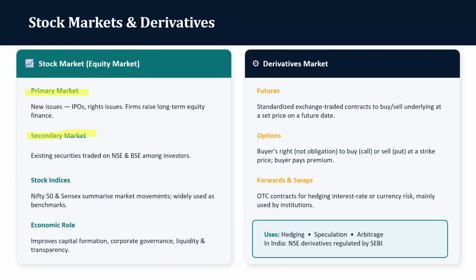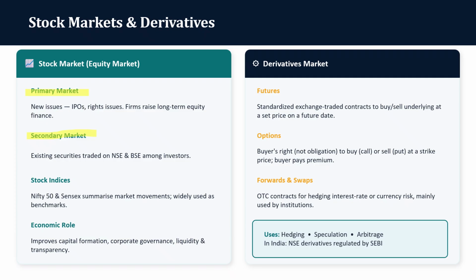In the primary market, new securities are issued for the first time. When a company wants to raise long-term equity capital, it can do an initial public offering, which we know as IPO, where it sells shares to the public, or a rights issue, where new shares are offered to the existing shareholders. In the primary market, the company actually receives funds from investors.